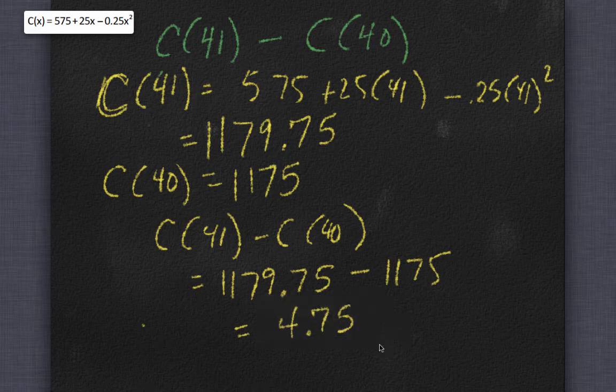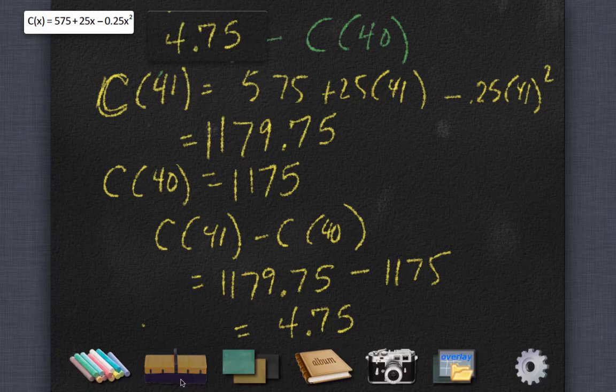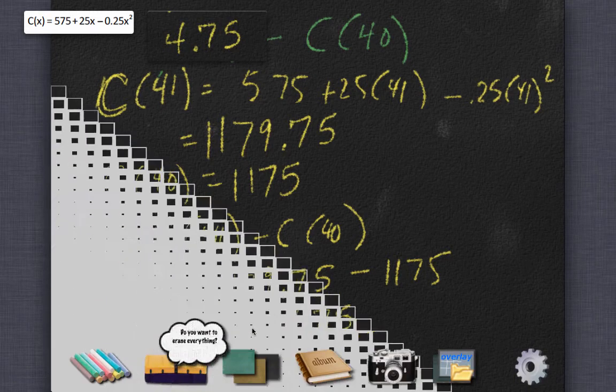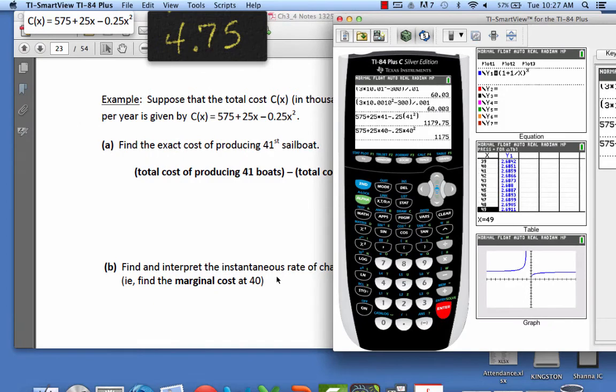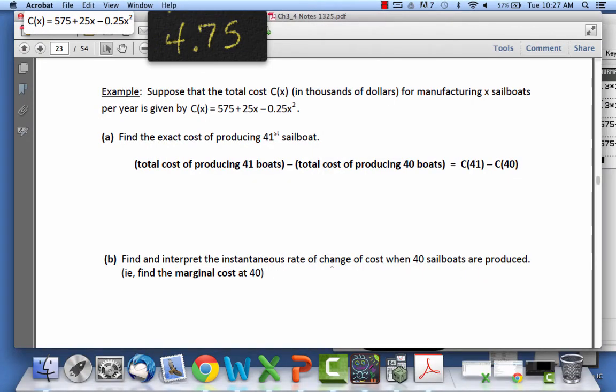I'm going to keep this. Because then the next thing that we're going to do is take the instantaneous rate of change, and that'll be the marginal cost, and then we're going to plug in 40 and see what is the instantaneous rate of change at 40, because that would be a way to estimate the cost of producing one more sailboat.